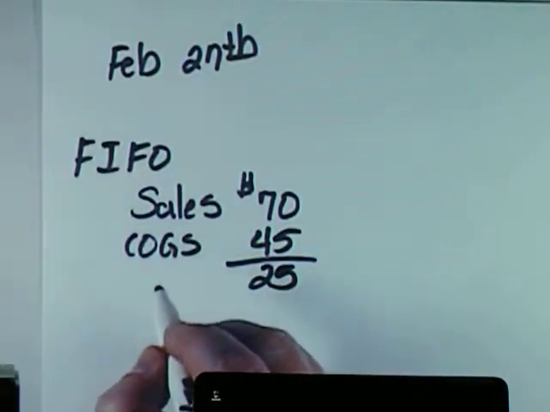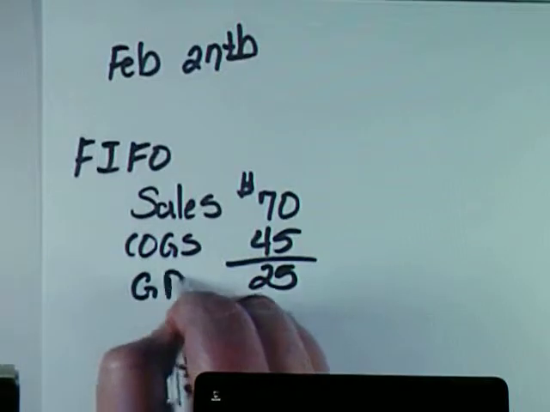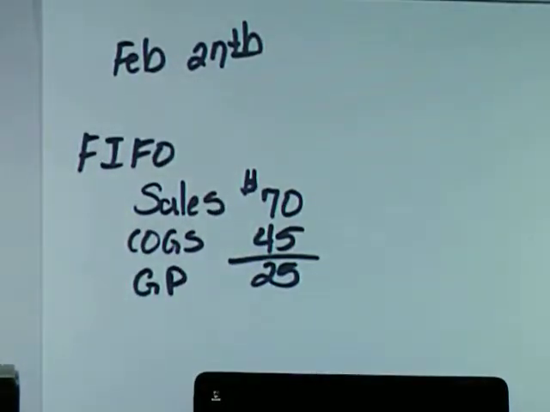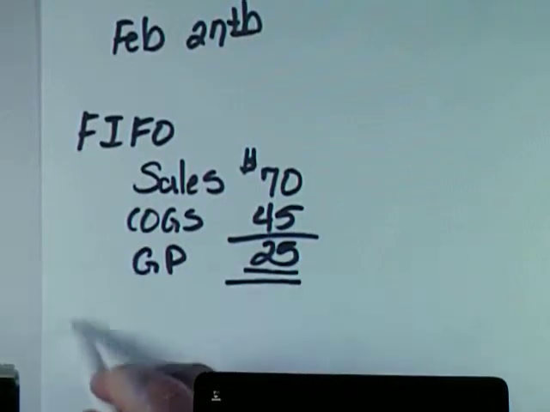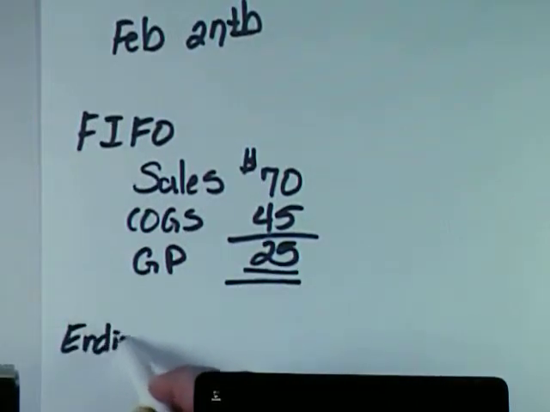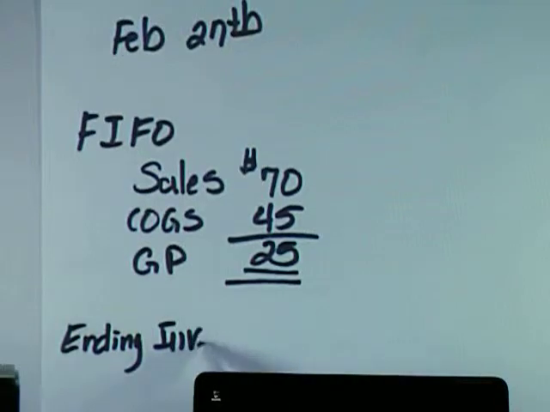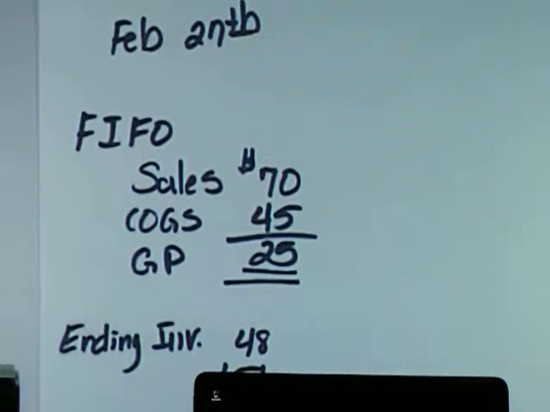There's my gross profit, $25. Okay? My ending inventory is made up of the items that were left over. So there's my gross profit, and my ending inventory is made up of the $48 unit and the $51 unit for a total of $99 for ending inventory.